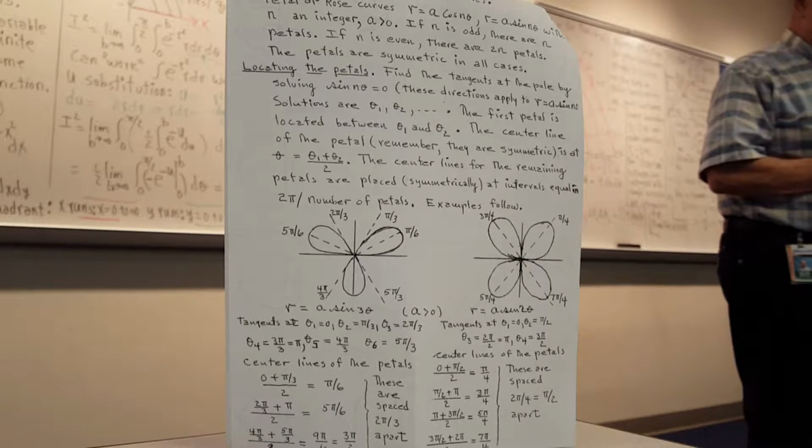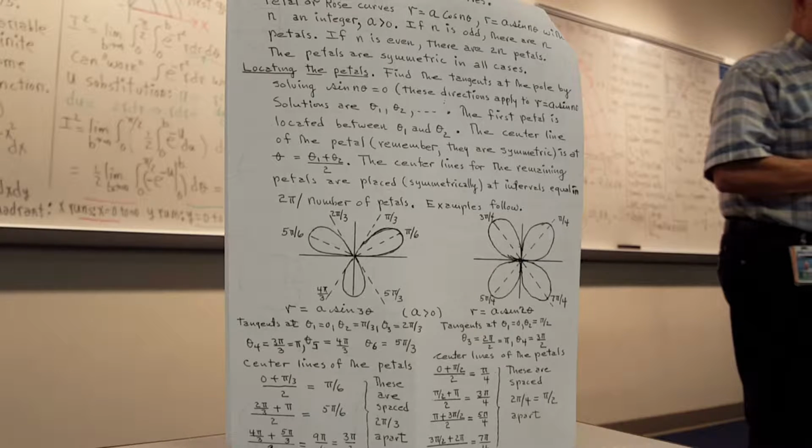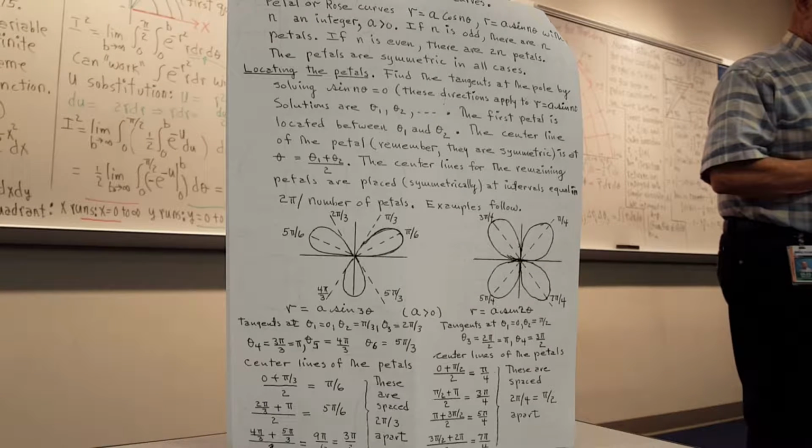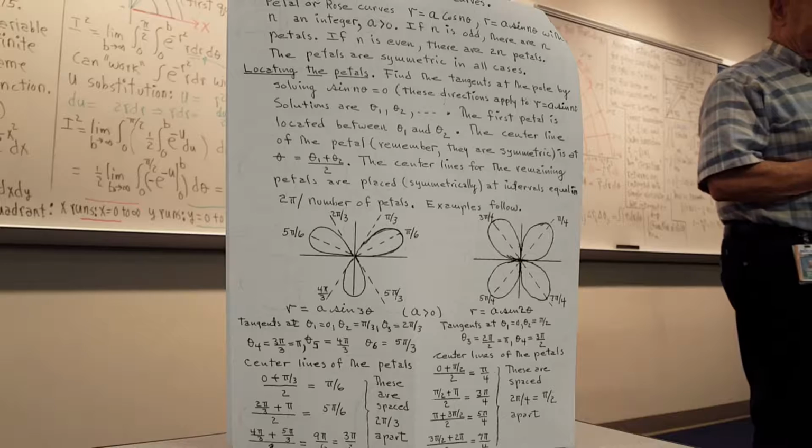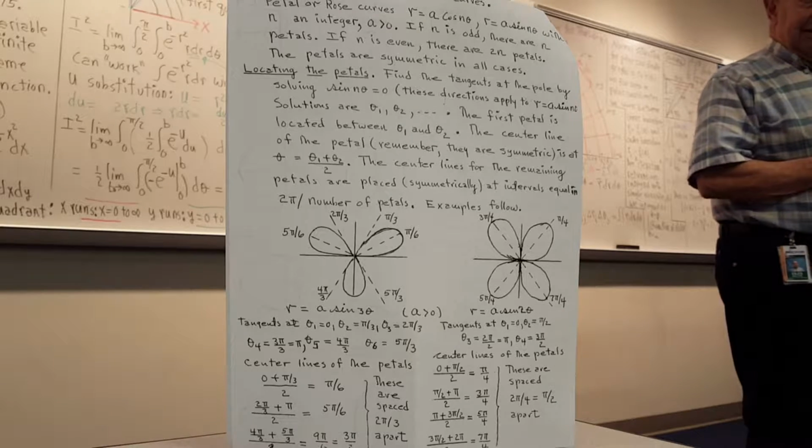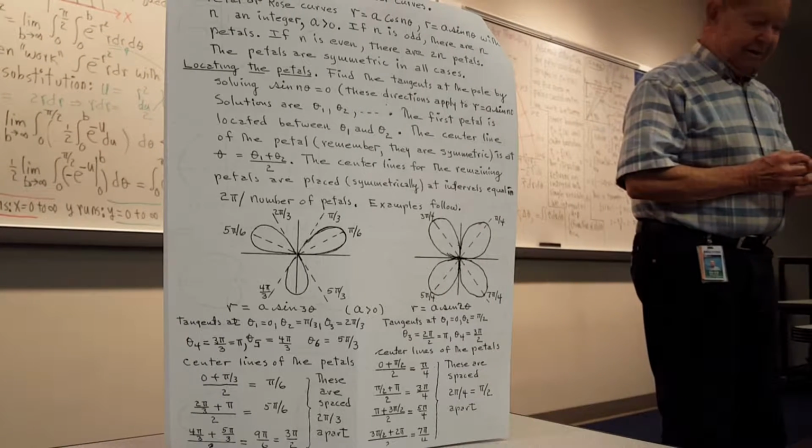So that would be a ray, which is, remember, the word ray refers to a line segment from the pole going as far as you want to specify.